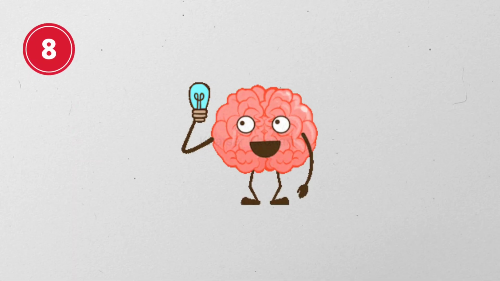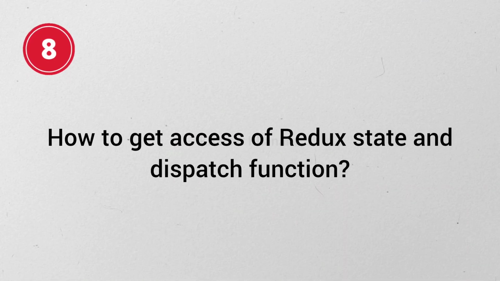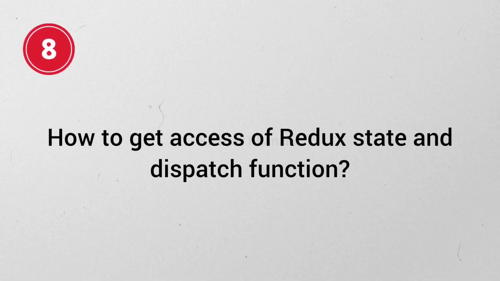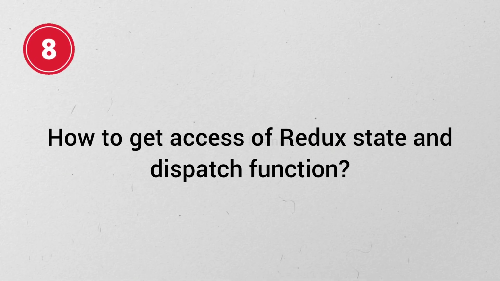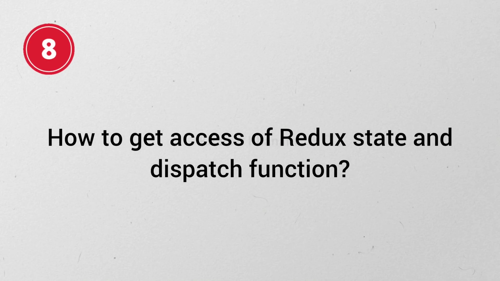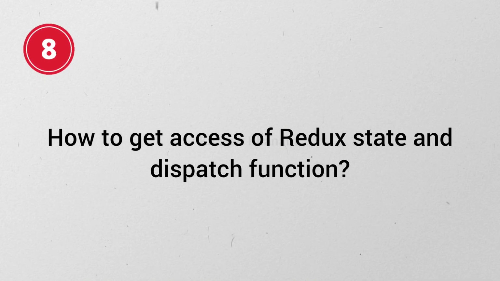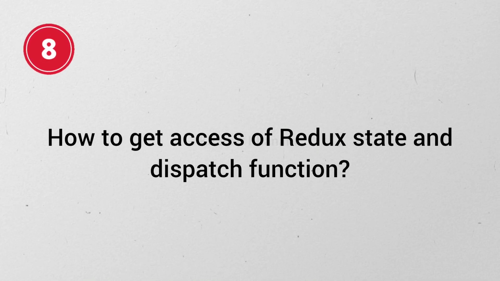But to understand the hooks, first you should understand how to get access to Redux state and dispatch function. So that is the reason in this course mapStateToProps and mapDispatchToProps were included. But if you do not want to use them, I have also shown you how to use the useSelector and useDispatch hooks.